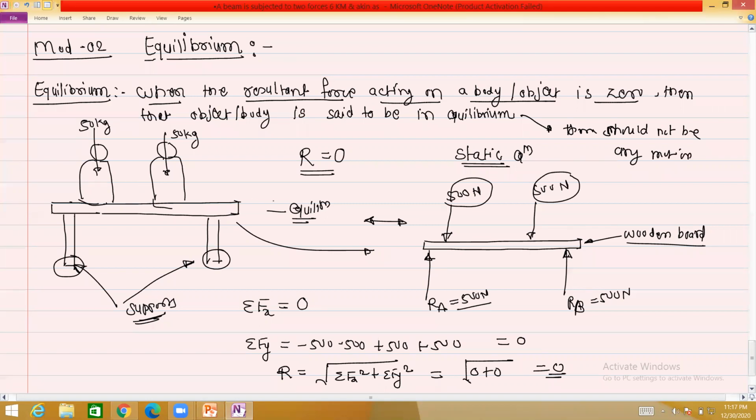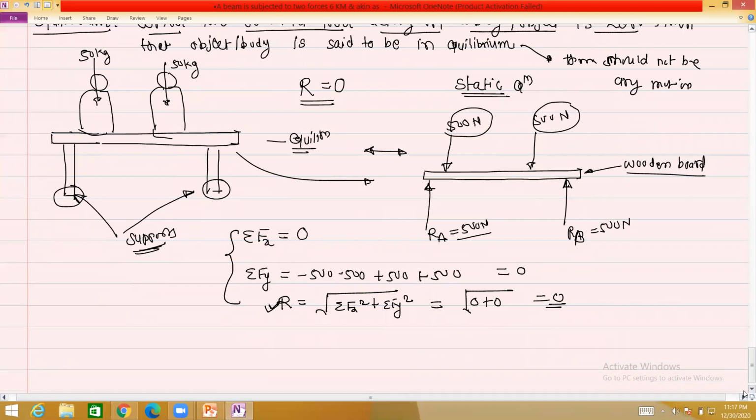Right now the forces are not 0 on the system, but the net effect or resultant of these forces on that object is 0. So R is equal to 0. This is the condition of equilibrium. You can understand with the help of this simple example what the conditions of equilibrium are.